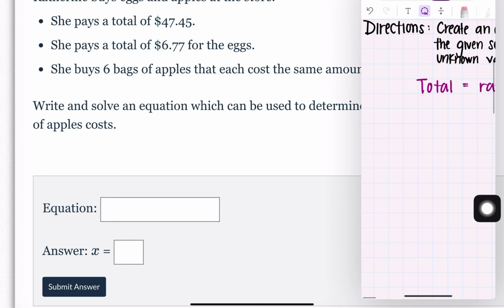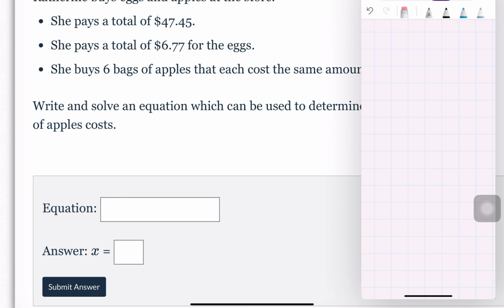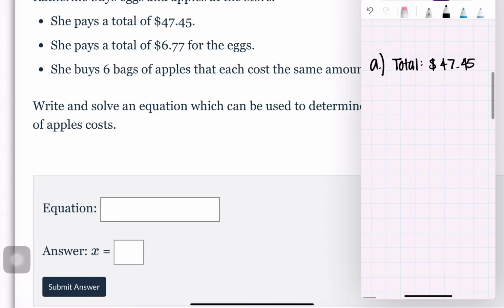Let's set it up here. First things first, we'll say this is problem A. And I want to identify a few things. First of all, how much we are spending. My total is $47.45. That's how much we're spending.